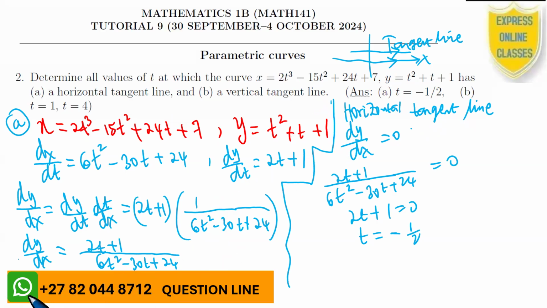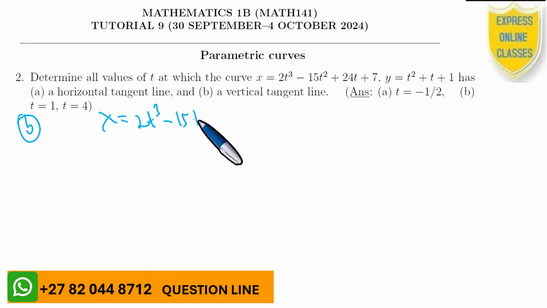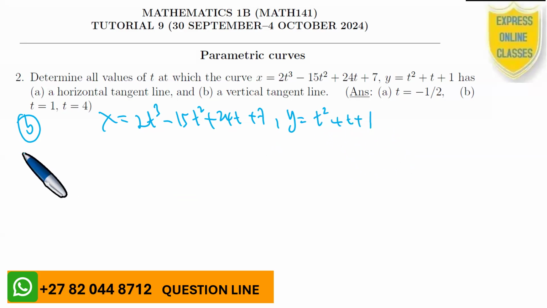Right, so in part B, we take note that x is 2t cubed minus 15t squared plus 24t plus 7, and y equals t squared plus t plus 1.